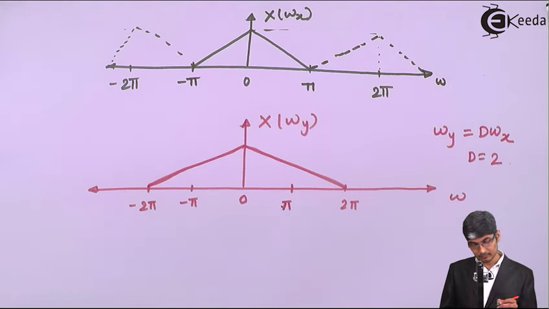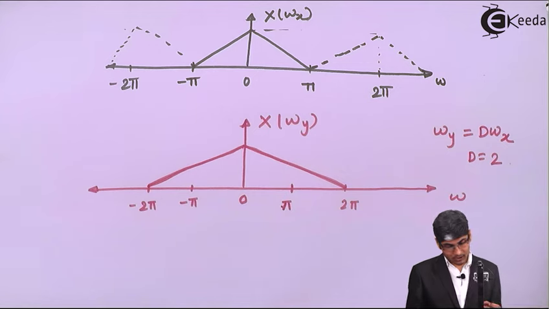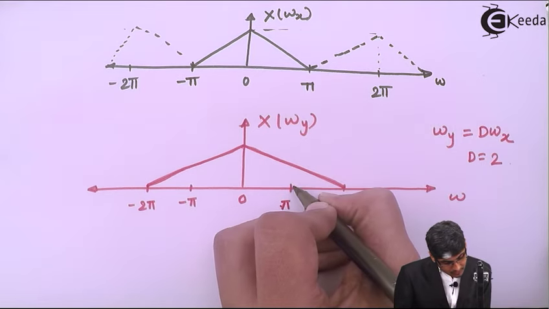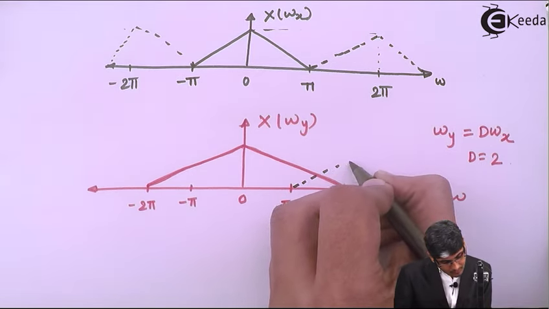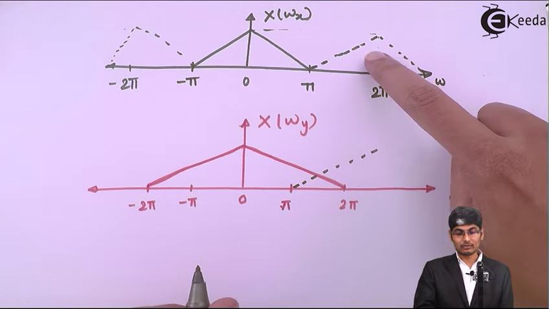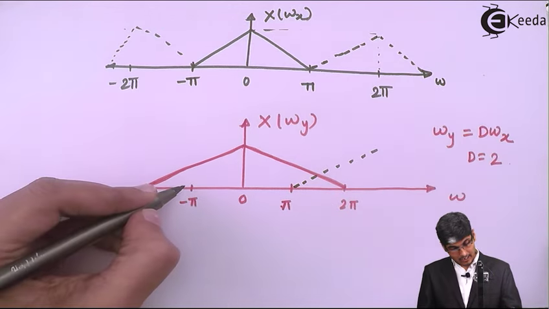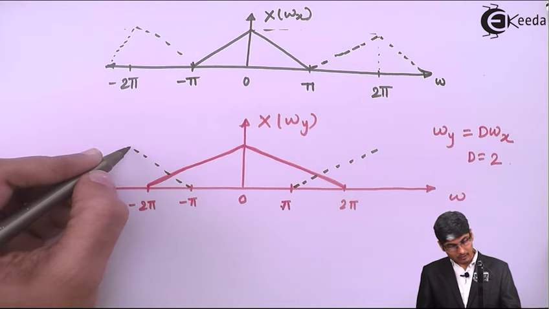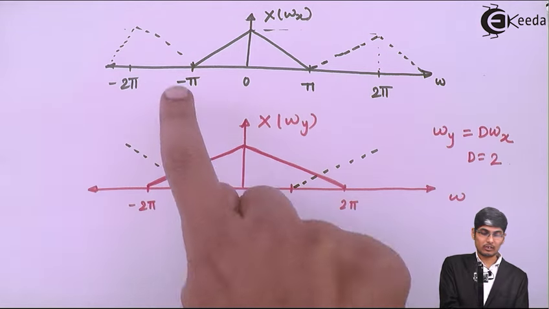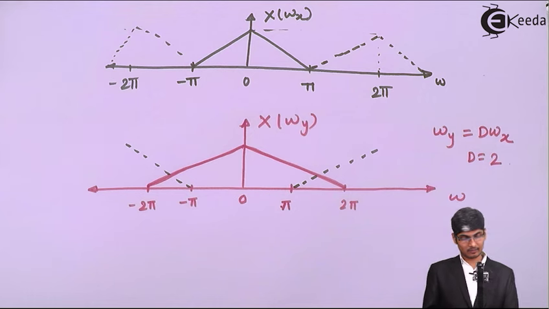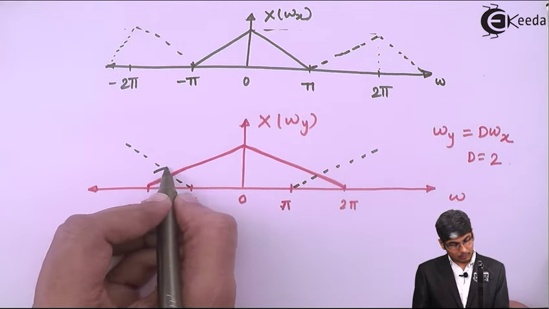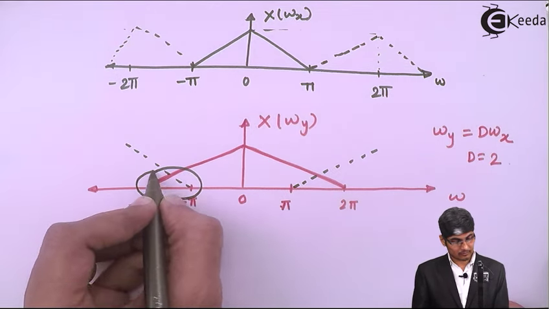There will be an image coming from this side due to spreading of this characteristics, and there will be an image from this side due to spreading of this characteristics, and there will be some problem in this region.